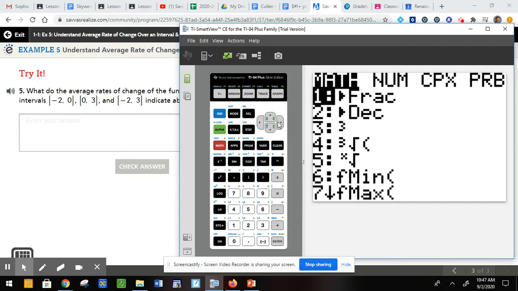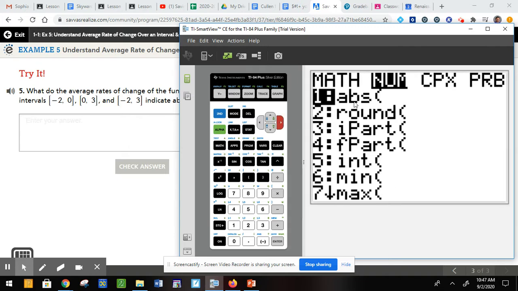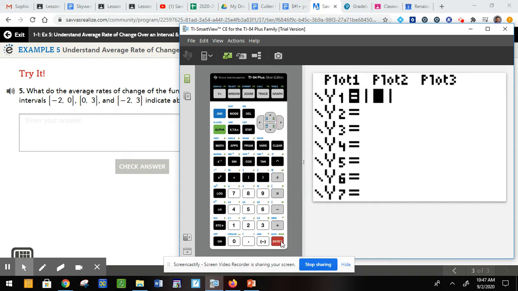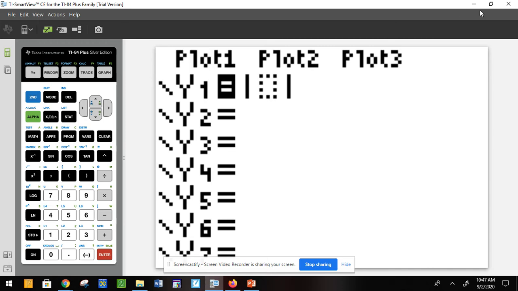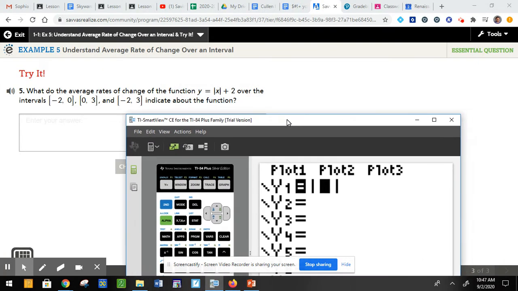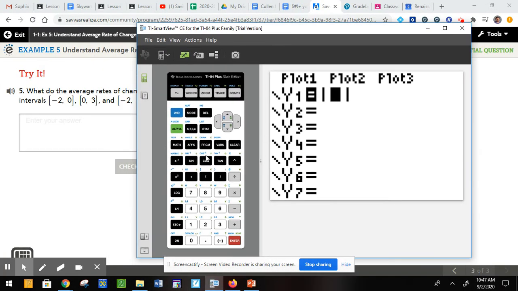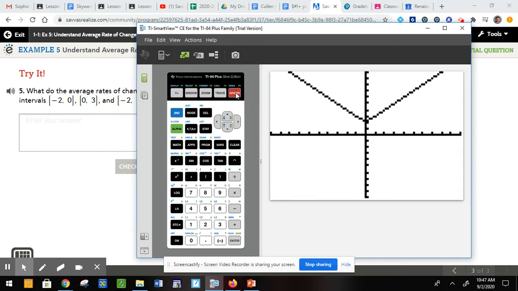You go over to the number column where it says ABS. That's absolute value, and whatever I type inside there is in the absolute value bars. So it's just the x, and then plus 2. All right, so let's graph that. All right, so that's your function.